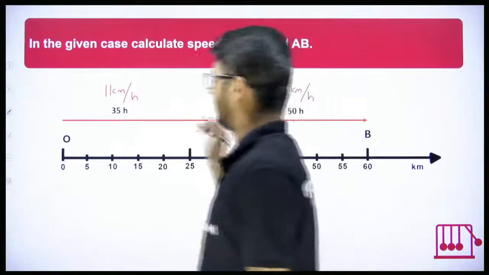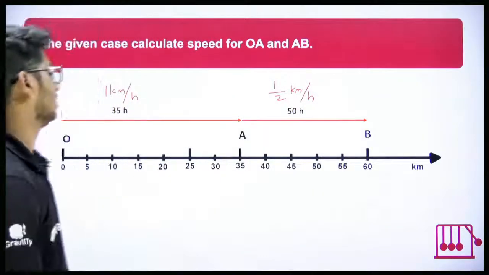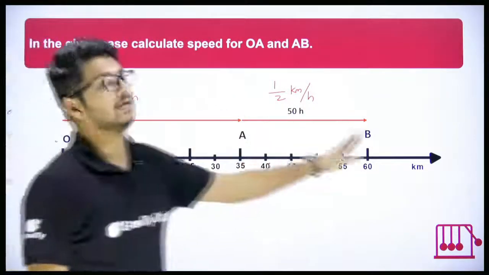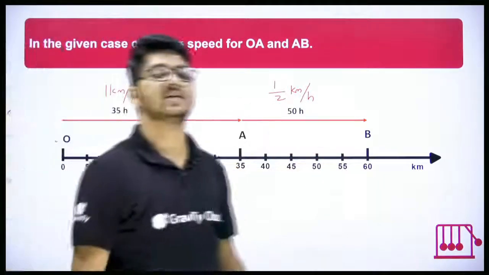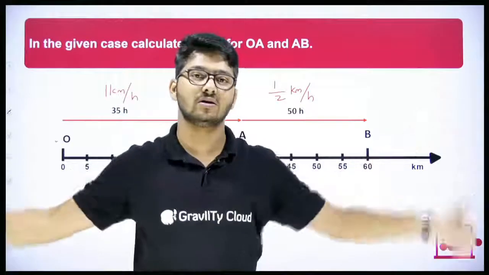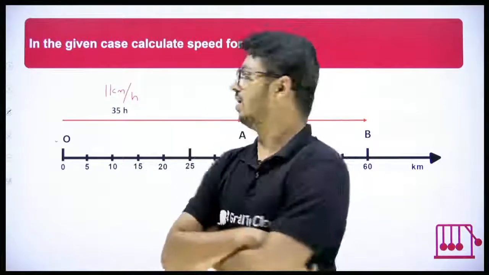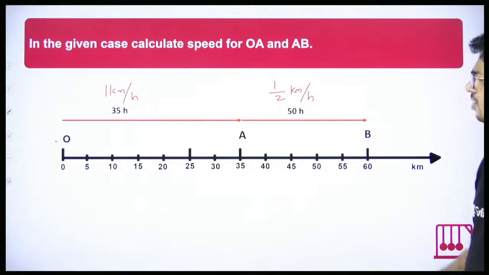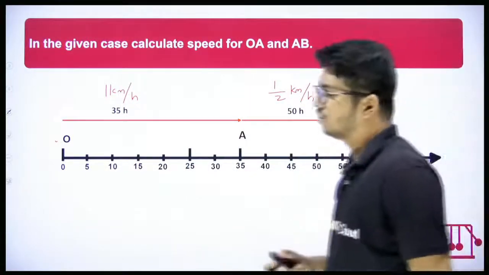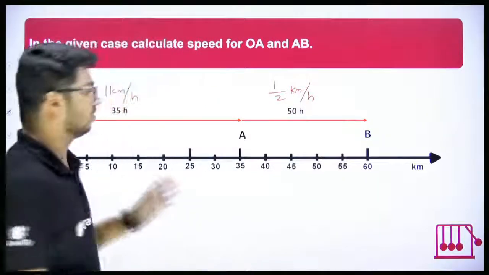Now if I ask a question, from O to B, that is for the complete motion, what is the speed? Will you tell it as 1 kilometer per hour or half kilometer per hour? I'm asking you for the complete motion O to B.